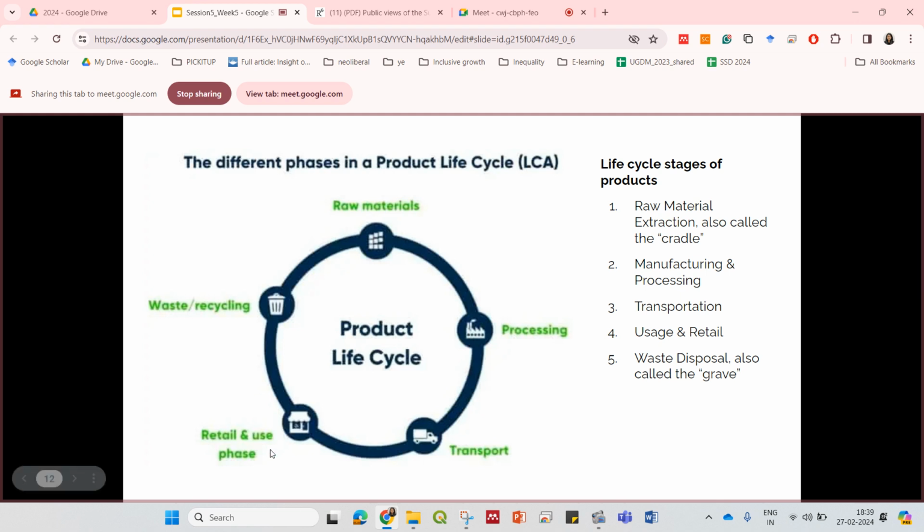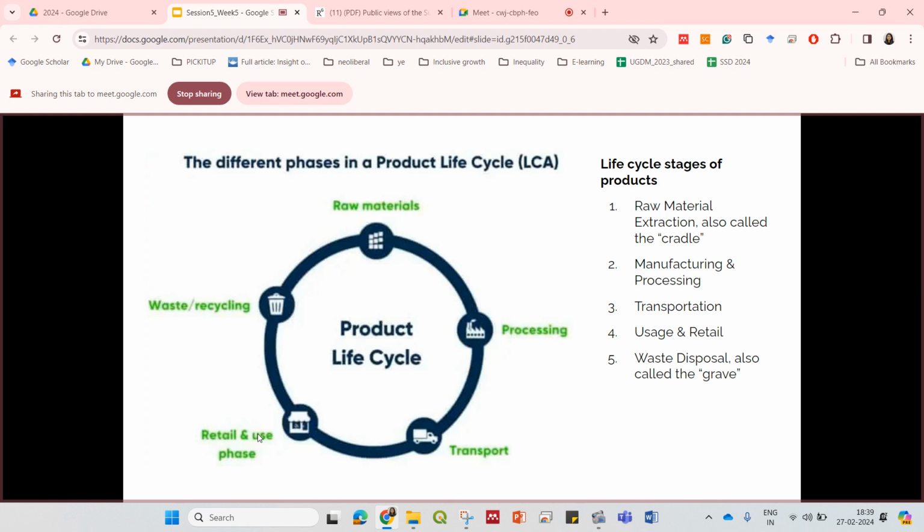Then it goes to the retail and use phase. So if it is going to the retail store, it is getting transported to the retail, but if it is going to the end user, it directly moves on to the use phase. So after either directly moving on to the use phase, or after retail someone purchases it and it goes on to the use phase.